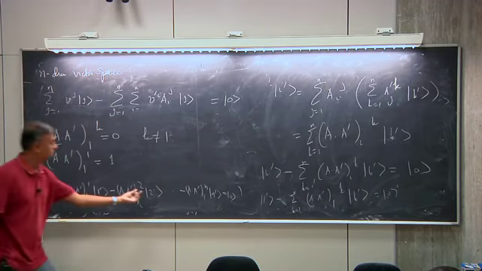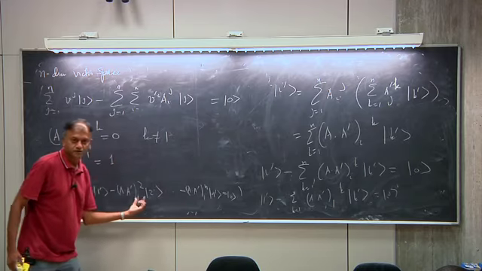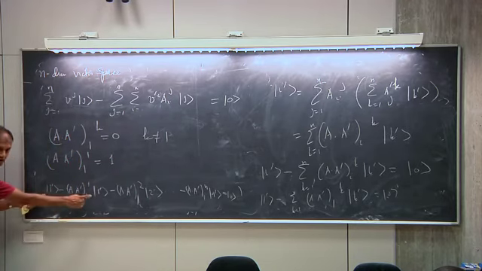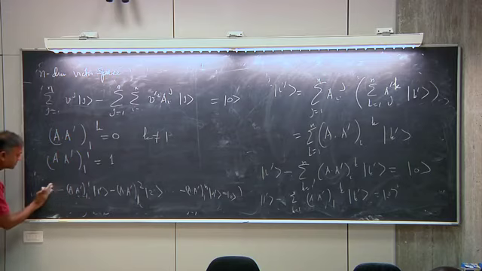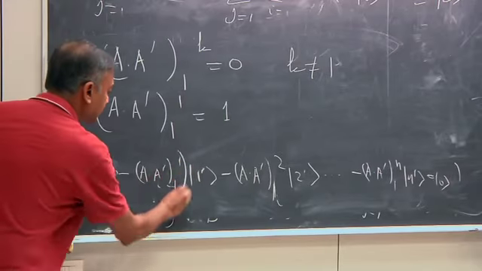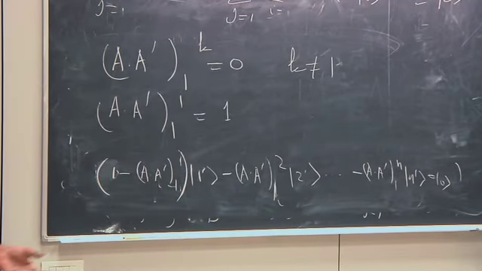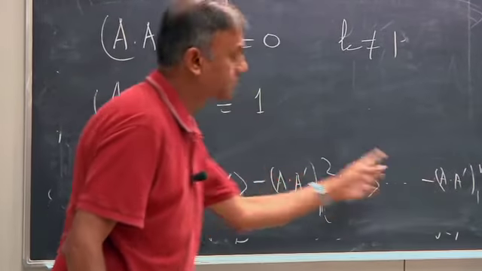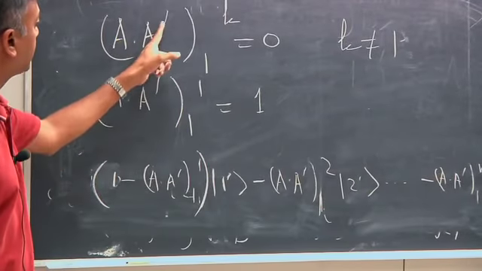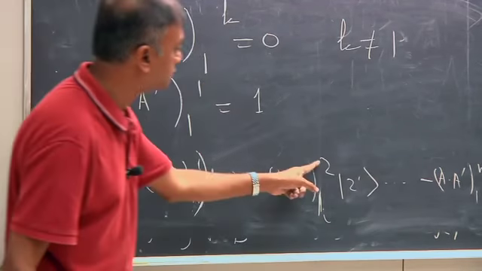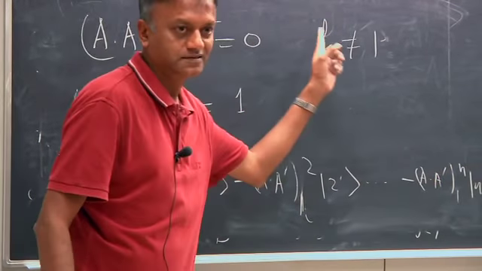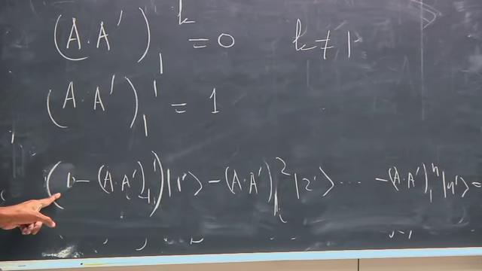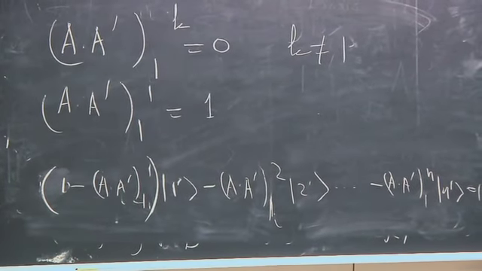That means the coefficient of each of these must be 0. Because 1 prime is a common factor, the first two terms together are the same as 1 minus that, right? So they are linearly independent, so each of these coefficients must be 0. So that's what I did here. So a times a prime 1k for k equal to 2, 3 all the way up to n is 0, whereas a times a prime 1,1 must be equal to 1 to make this coefficient 0.